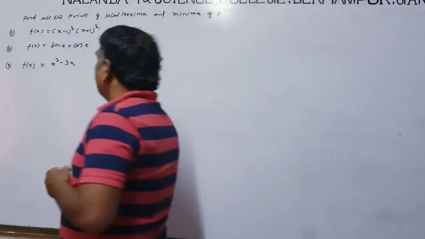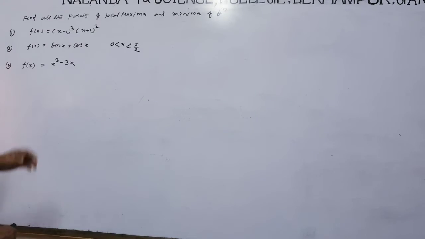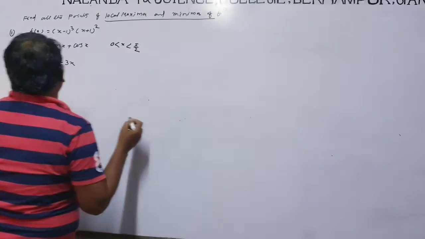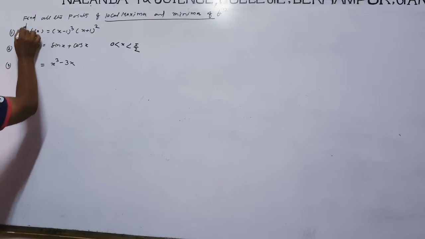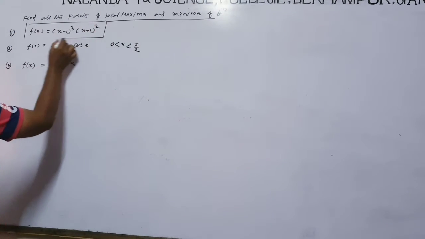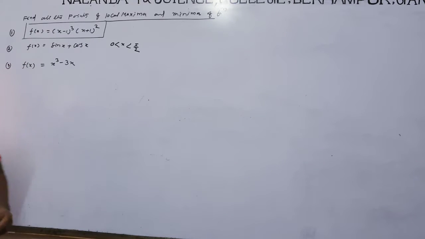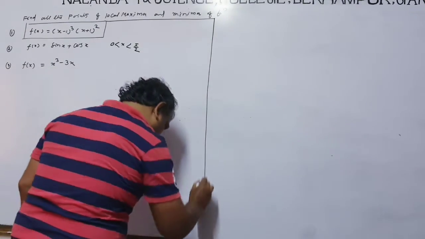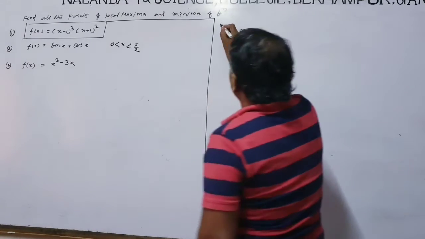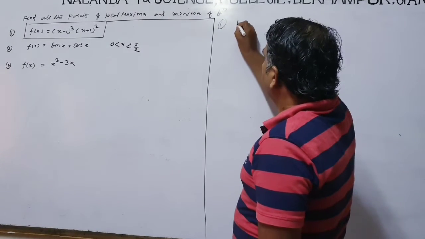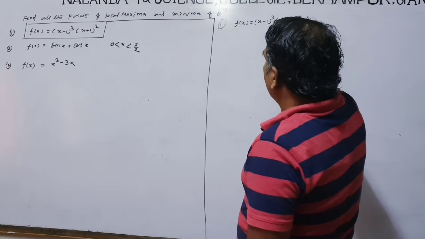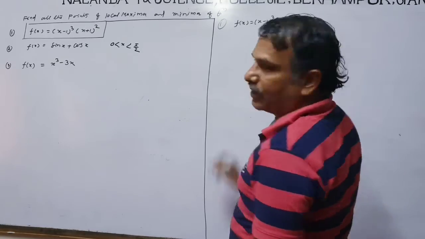Now the next question is to find all the points of local maxima and local minima of the function. Now this is one function: f of x equal to x minus 1 the whole cube into x plus 1 whole square. Okay, first let us solve this one. We are given f of x equal to x minus 1 whole cube into x plus 1 whole square.